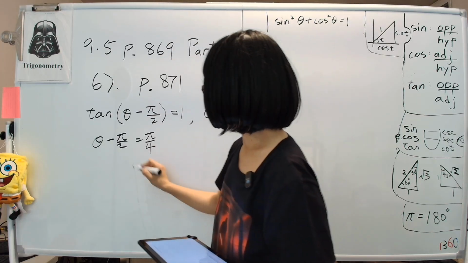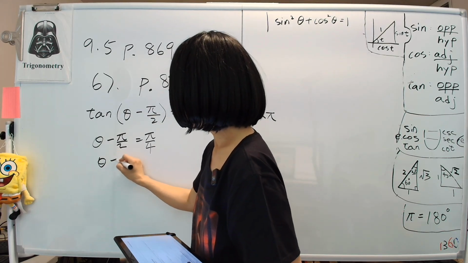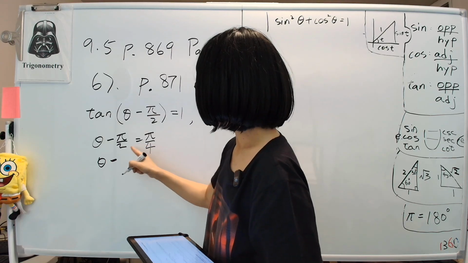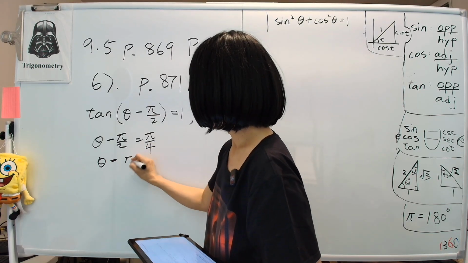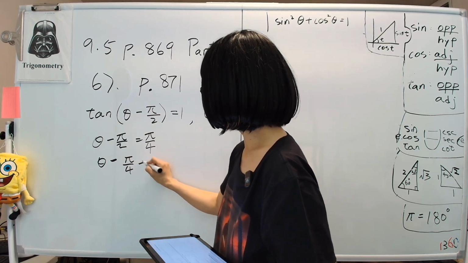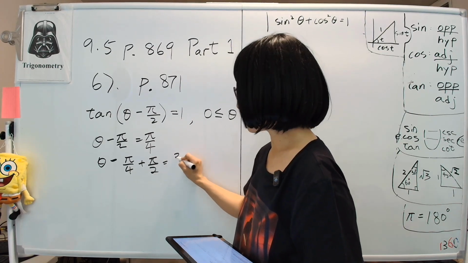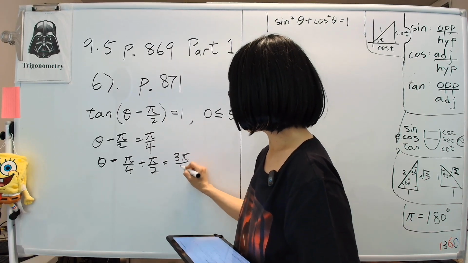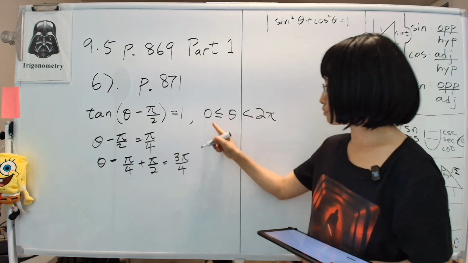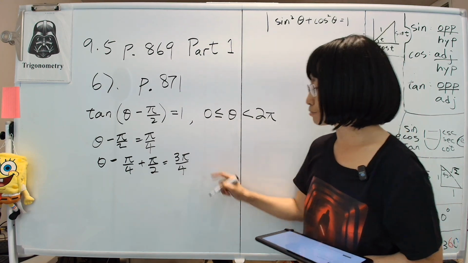So theta equals pi over 4 plus pi over 2, which is equal to 3 pi over 4. That's one of the angles, and 3 pi over 4 is within this range. So this one's okay.